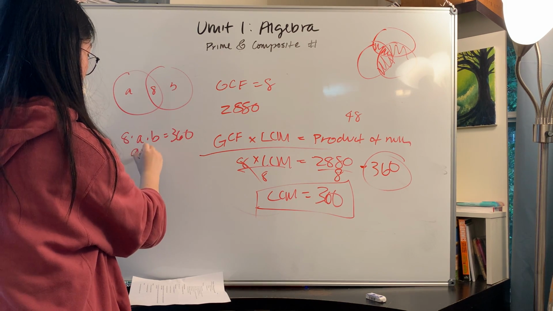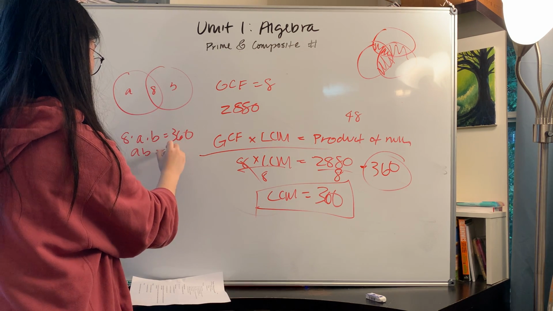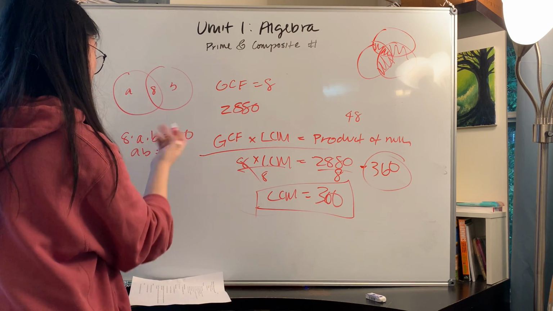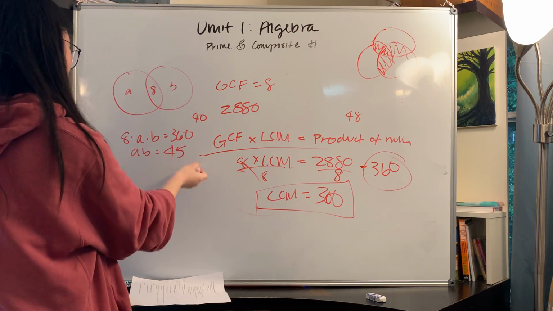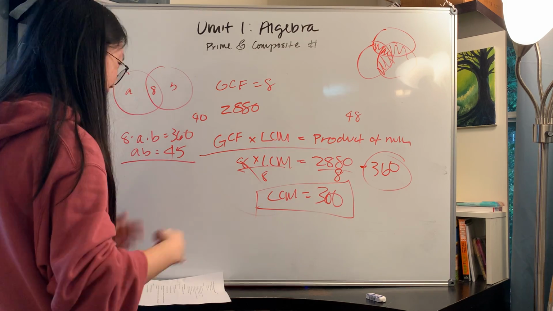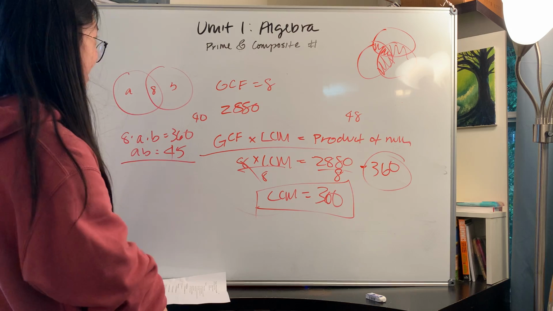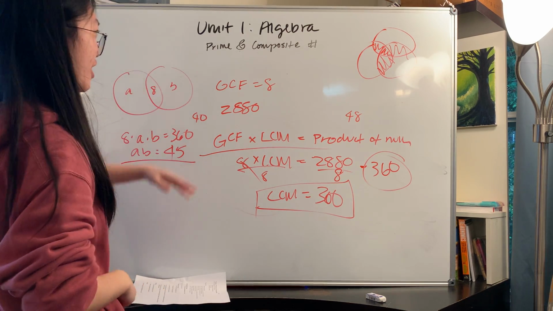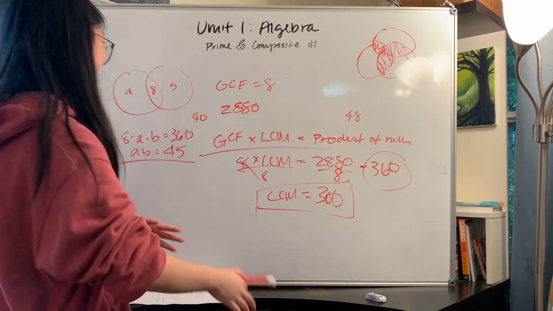So A times B is equal to 360 divided by 8. So A times B has to equal 45, and I'm pretty sure this could be applicable in another question. For example, what is the greatest sum of two numbers that have a greatest common factor of 8 and a least common multiple of 360?